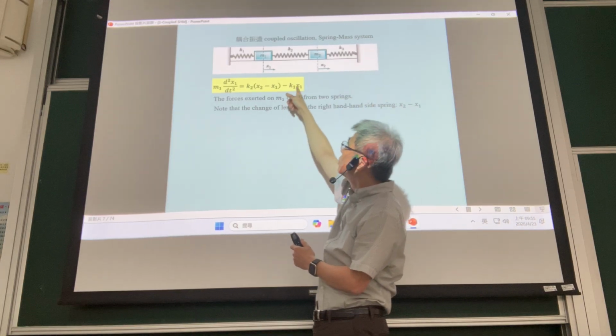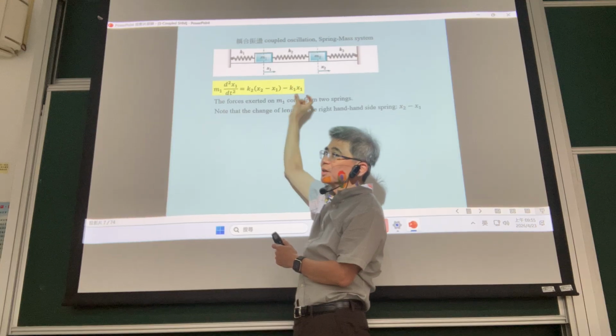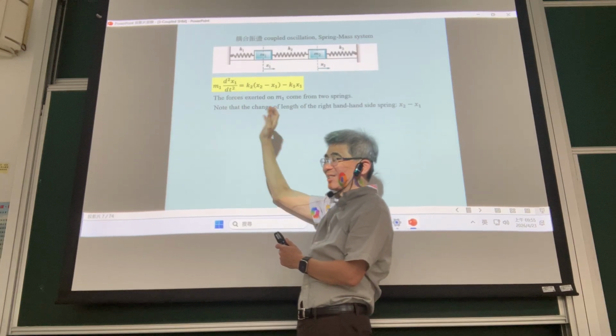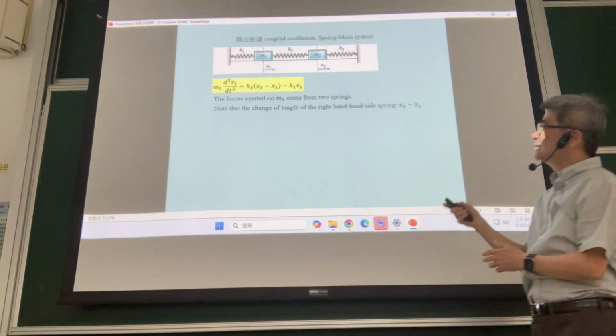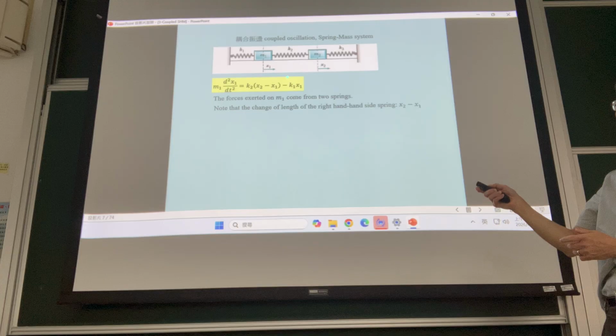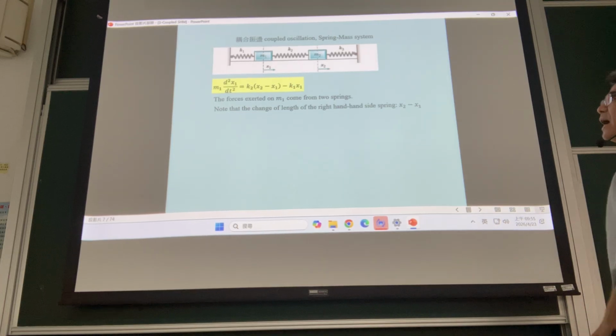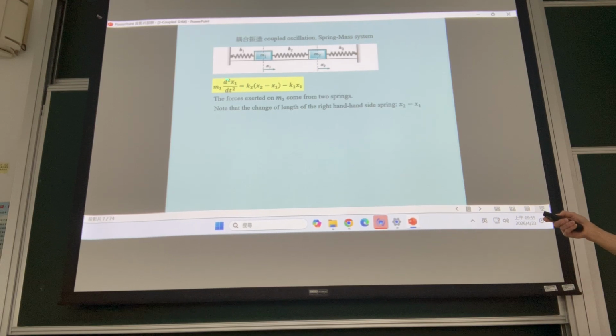So if x1 is positive, then the force is negative because it's a restoring force. This negative sign is crucial. Don't forget this negative sign. So that's the equation of motion for x1.